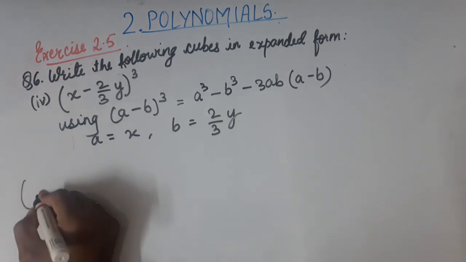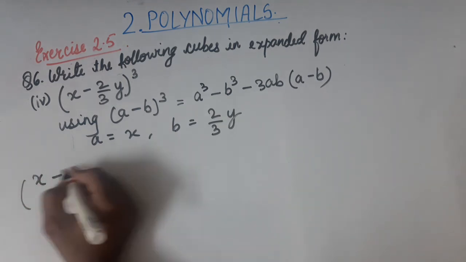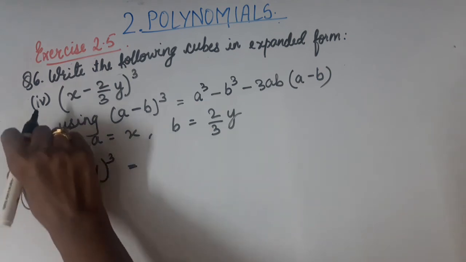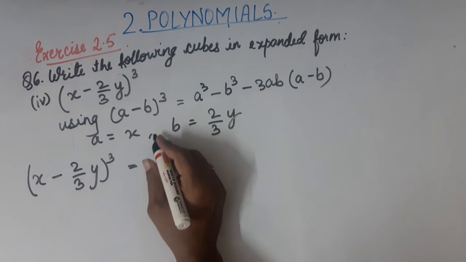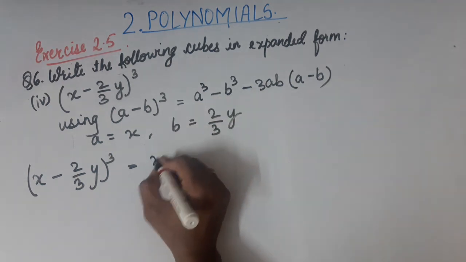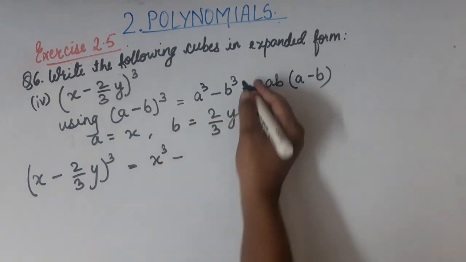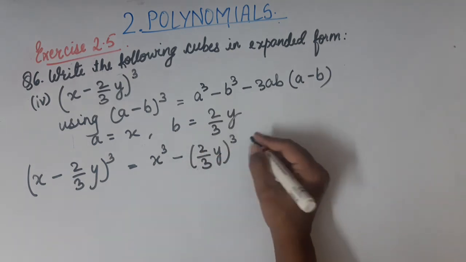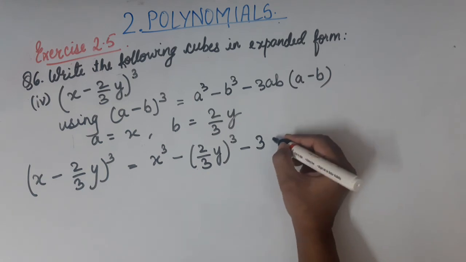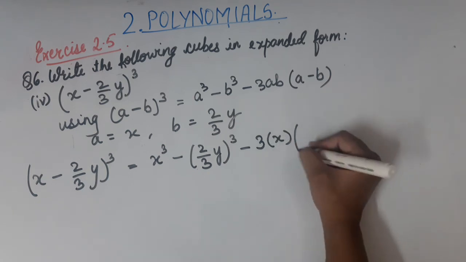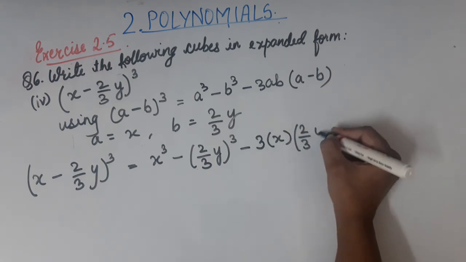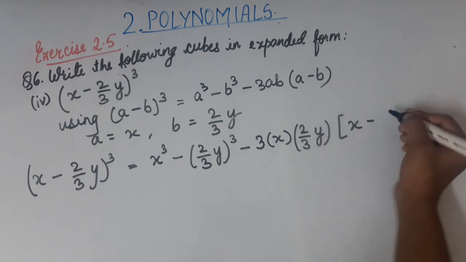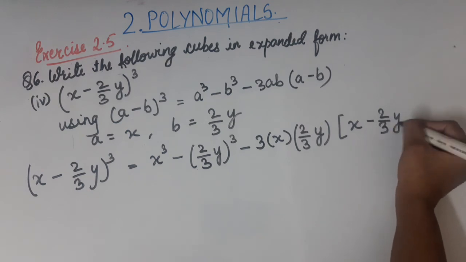Now put the values in the formula. What will you have? (x − 2/3 y) whole cube will be equal to a cube, which is x cube, minus b cube, which is (2/3 y) cube, minus 3ab, 3 into a is x, b is 2/3 y, in bracket a minus b, so x minus 2/3 y.